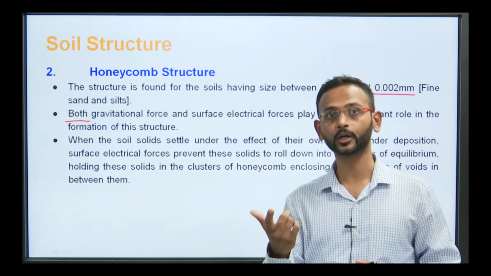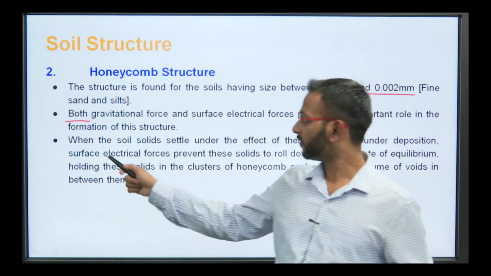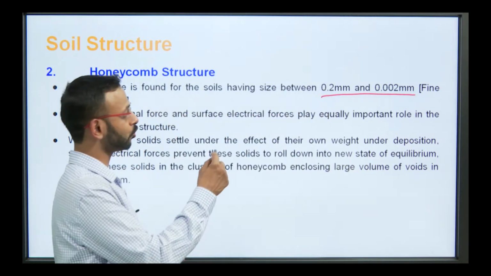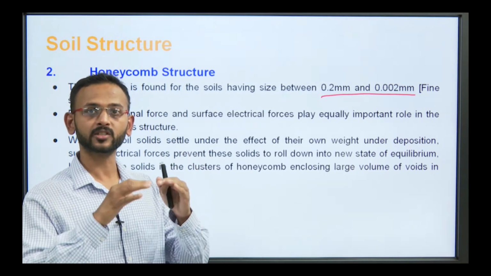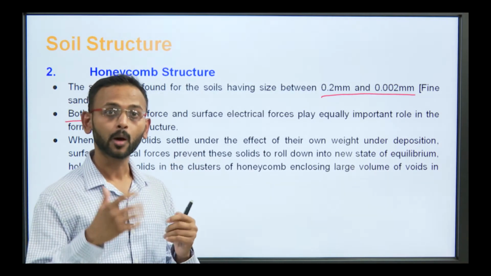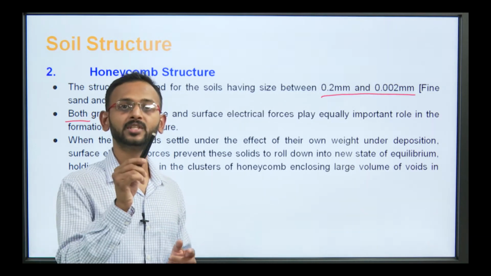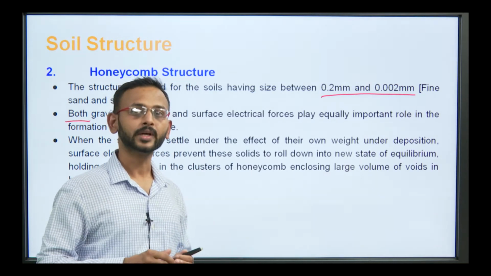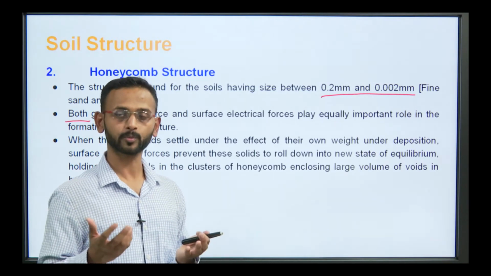Now how do they do this? When the soil solids deposit, they will settle down under the effect of their own weight. But as I told you in the previous slide, there might be some sort of plus and minus charge on the particles. In the case of finer particles, the charges also play some role.